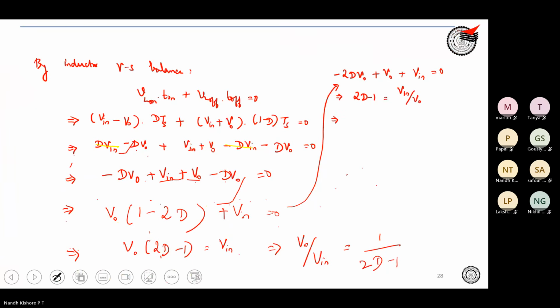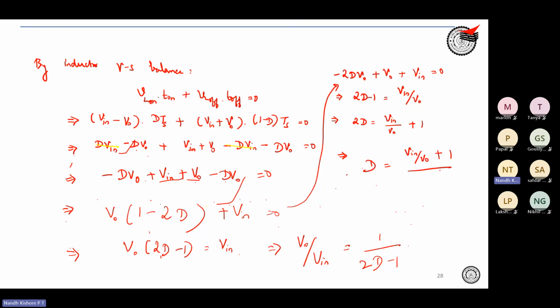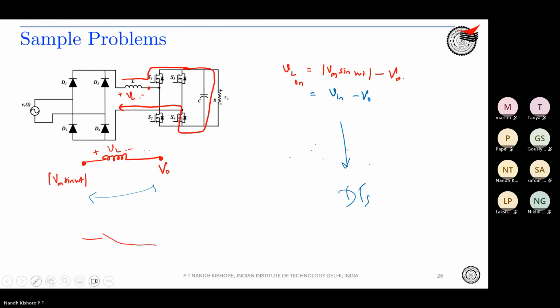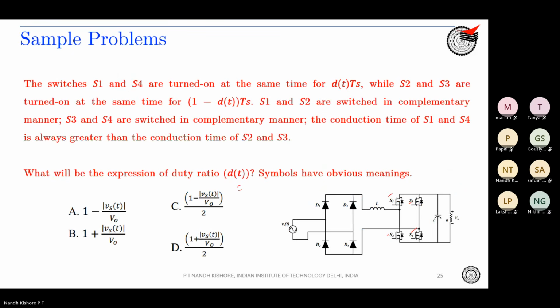So 2d is equal to Vin by V0 plus 1. So d is equal to (Vin by V0 plus 1) by 2. Okay. So this is the answer, option D. Vin is Vs. So (Vs by V0 plus 1) by 2.